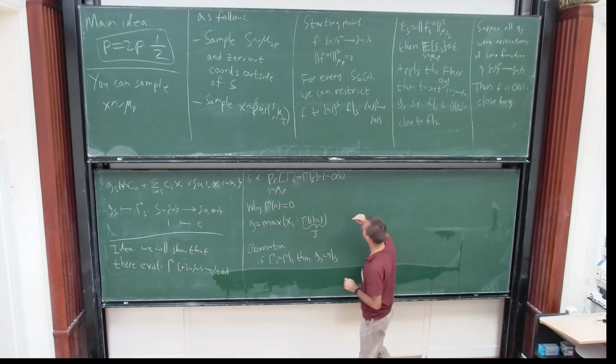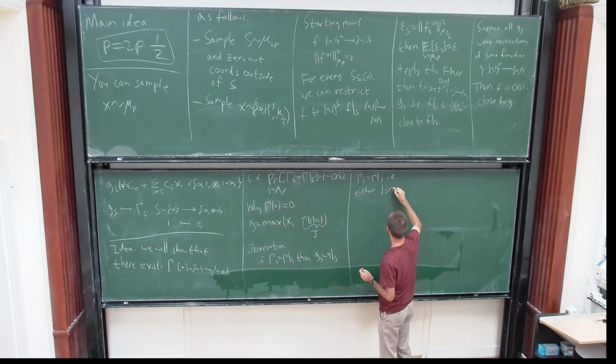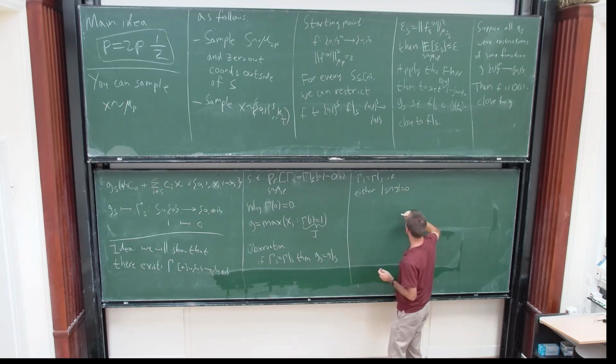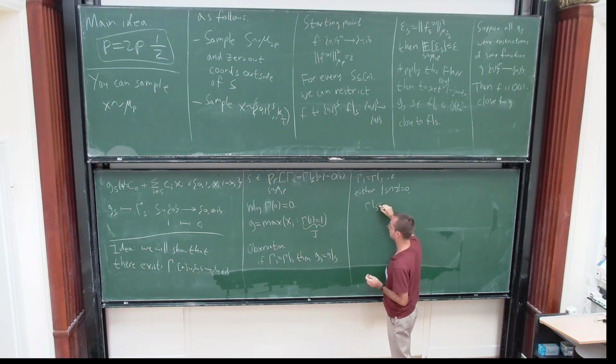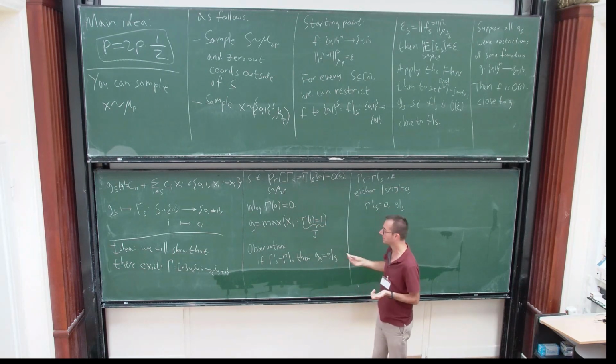Okay, so gamma_S is equal to gamma restricted to S means that either S and J are disjoint, in which case gamma restricted to S is just a 0 function, and G restricted to S, we zero out all the coordinates inside J, so we just get 0.